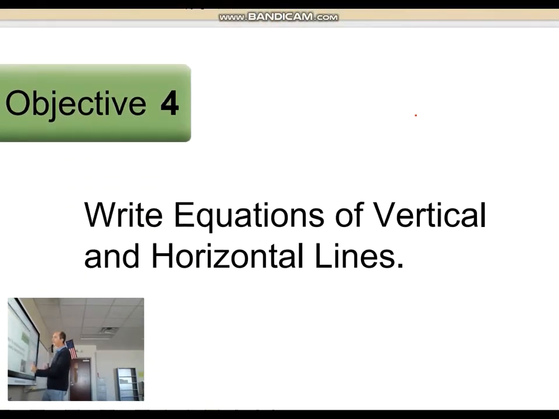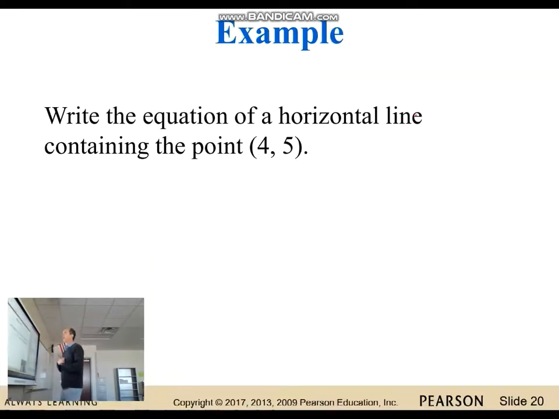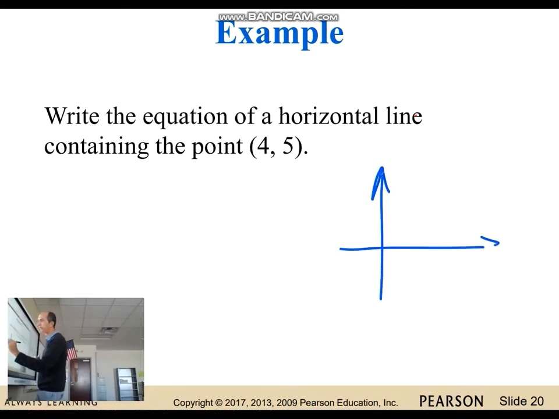Now moving on to objective number 4. Write equations of vertical and horizontal lines. This example asks to write the equation of a horizontal line containing the point x equals 4, y equals 5. If it's a horizontal line, I'm going to sketch real quickly here the graph, x and y.